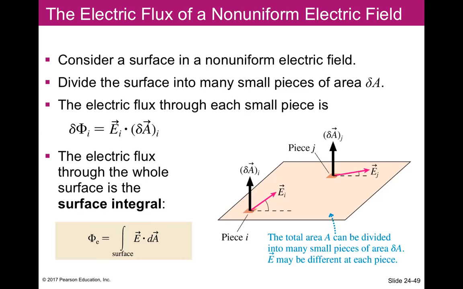When we talk about a small piece of surface, you can define actually two directions, because when you define perpendicular, it could be going up or going down. However, later on, we will learn in many cases, we need a closed surface.